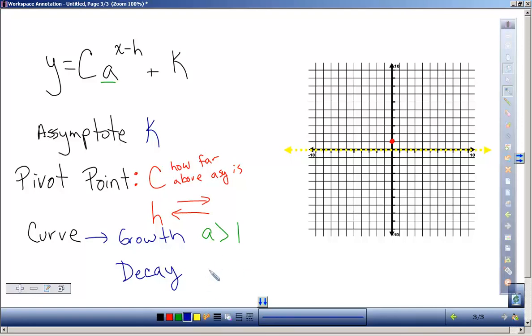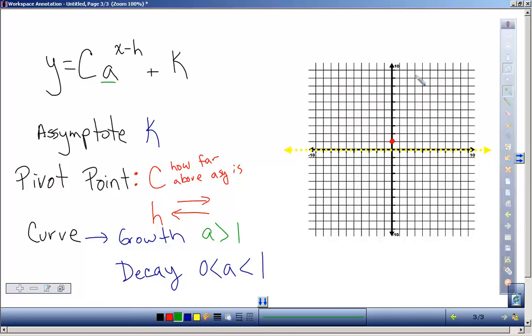If it is growth, A is bigger than 1. If A is bigger than 1, then this is growing, and it's going to be growth. If it is decay, then A has to be some number between 0 and 1. So some fraction between 0 and 1, or some decimal between 0 and 1, 0.5, 0.75, 2/3, those kind of things. Something between 0 and 1.